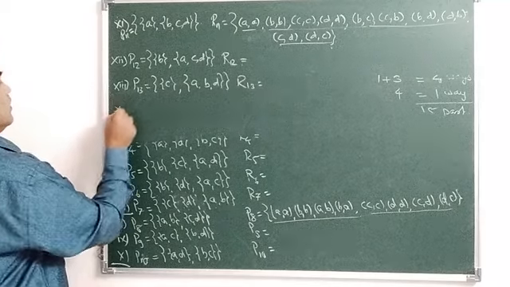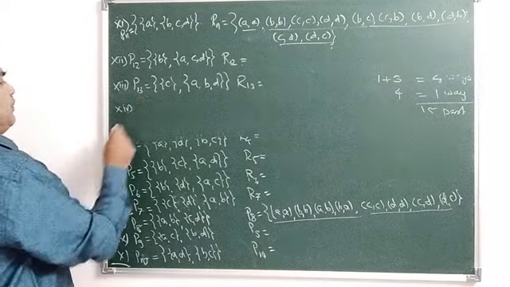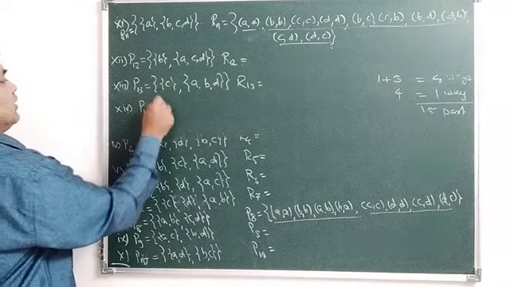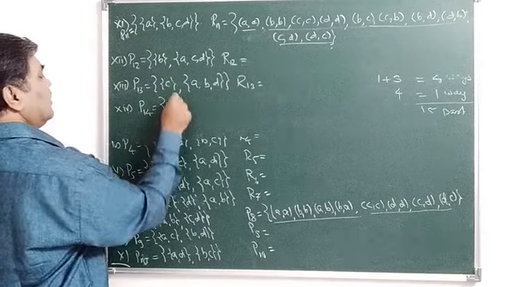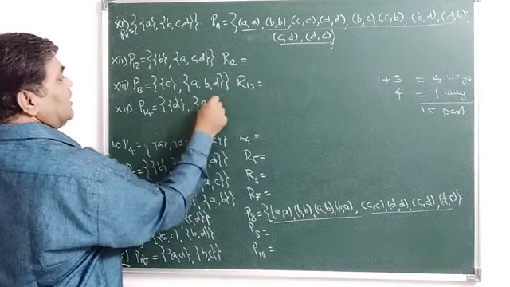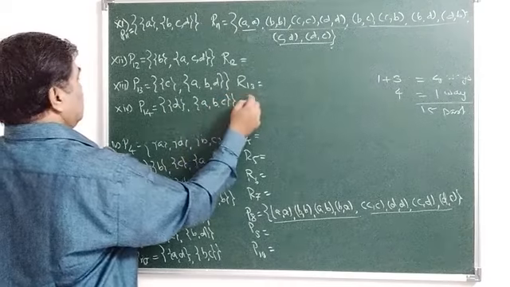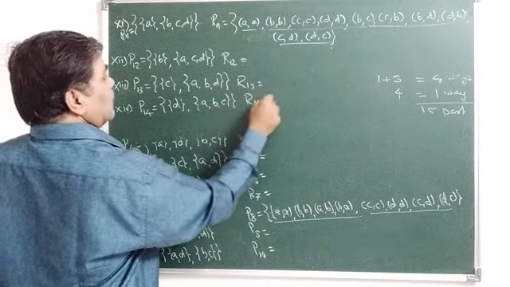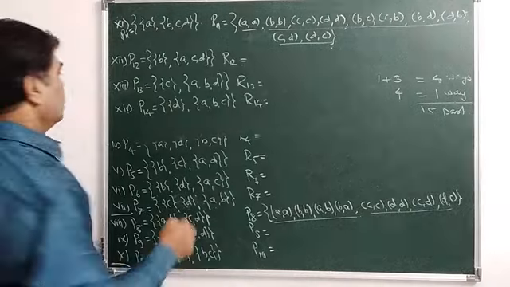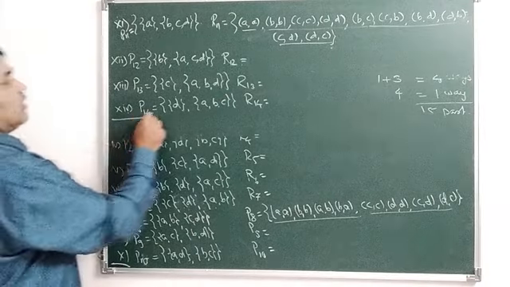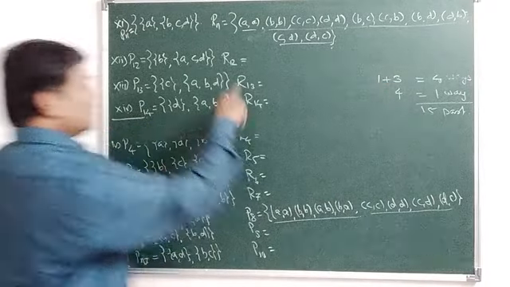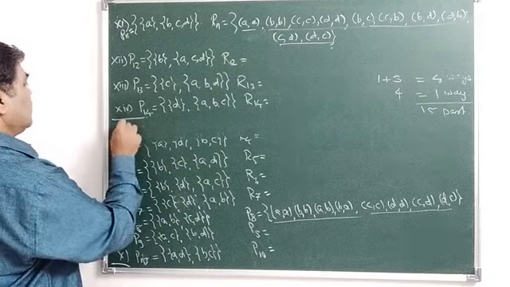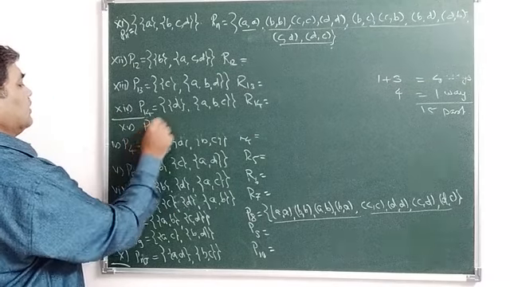And 14, P14 is equal to singleton D and ABC. Will get R14. Okay. So in this way, corresponding to these we will get relations, and last one P15.